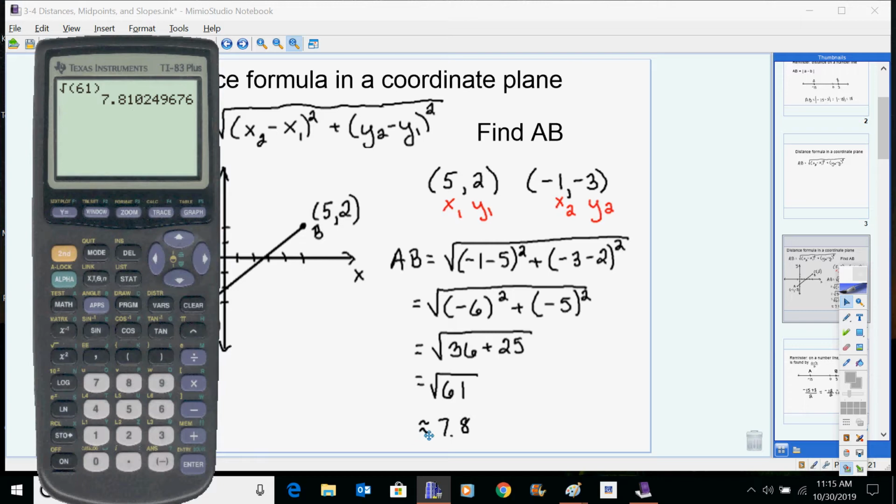This little thing that looks like an equals is telling you that it's approximately equal to. So equal to, but it's about 7.8. So make sure that you are able to take a square root on your calculator.